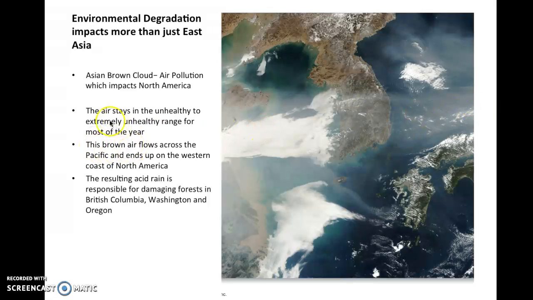So this brown air flows across the Pacific and ends up in the western part of North America and results in acid rain, which is responsible for damaging forests in British Columbia, Washington, and Oregon. Now, in this region here, the air stays in the unhealthy to extremely unhealthy range for most of the year.